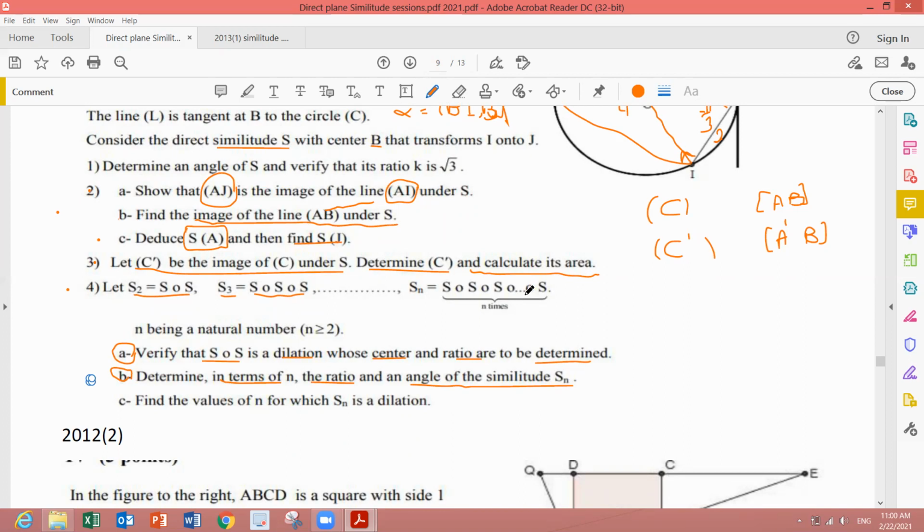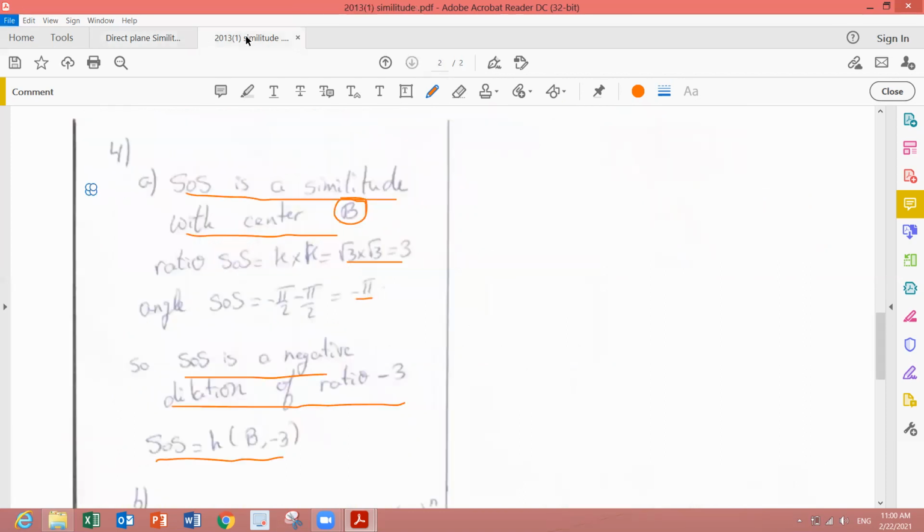K, n times. So the ratio is K to the power n, or radical 3 to the power n. And the angle? n times alpha.